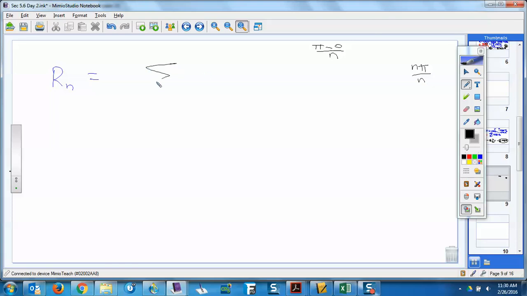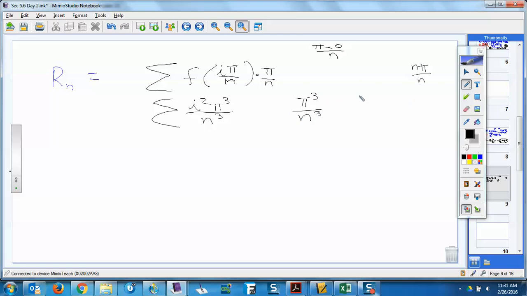So my sigma would be f of I pi over n times pi over n, right? And when I plug that in and square it, I'd have, again, my I squared pi cubed over n cubed, right? Same thing as what we just got into doing. When I pull the pi cubed over n cubed out, I would have a sigma I squared, right? So it'd be all the same.